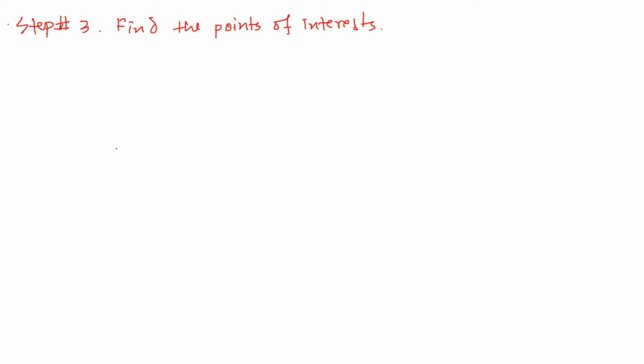There are two ways. I would say there are two types of points of interest. Number one, where the load changes. Whenever the load changes, that is one point of interest.